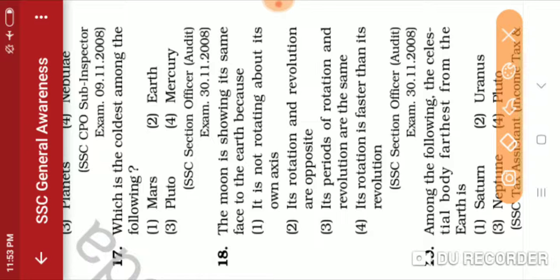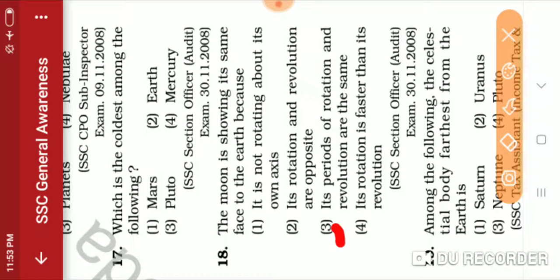because this moon and earth are synchronous, means that however the earth will rotate at the same speed the moon will also rotate, so the period of rotation and revolution are the same. The moon is doing revolution around the earth and the earth is rotating on its own axis.